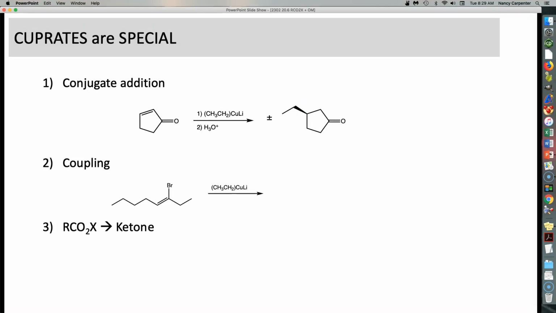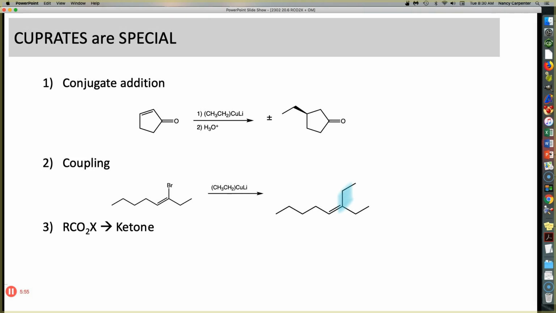Cuprates are special too because they do the coupling reaction that Grignards and organolithiums cannot and simply don't. And this is a really nice feature that even on an sp2 hybridized carbon, especially on an sp2 hybridized carbon, I do my tinker toy chemistry, I can simply put my ethyl group right where that bromine was and make a new carbon-carbon bond right there.